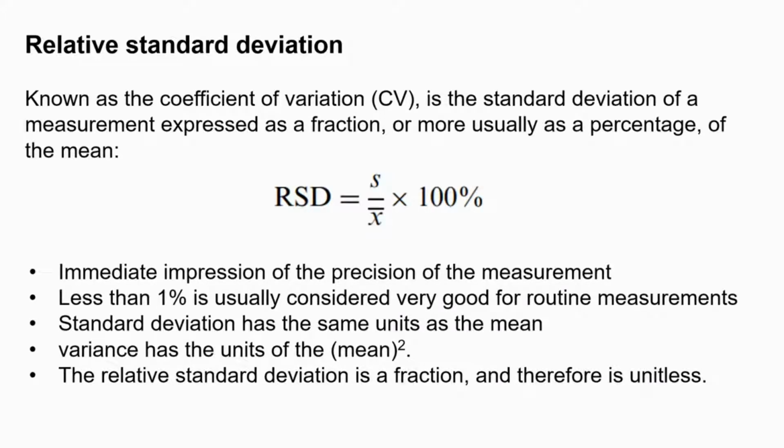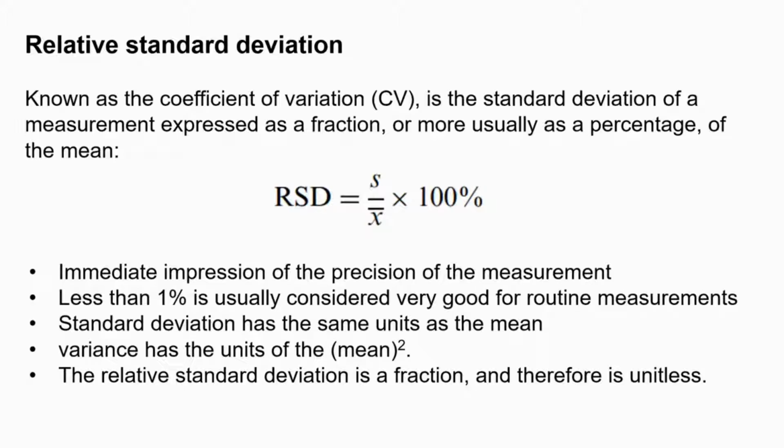So if you have good data and it is precise, then the relative standard deviation should be less than 1%. For routine measurement, around 1 to 5% is an acceptable range. Standard deviation has the same unit as the mean, and variance has the units of the mean squared.